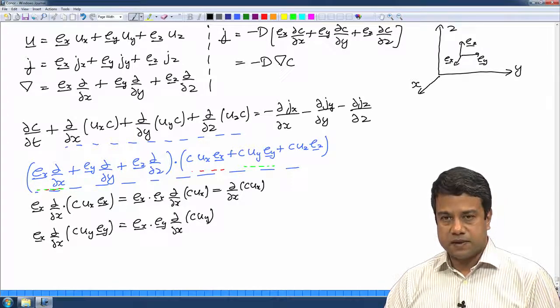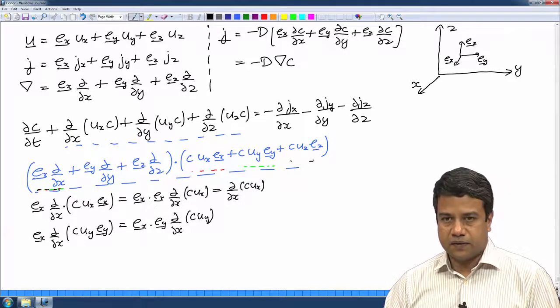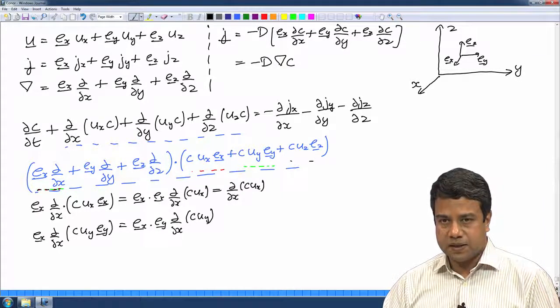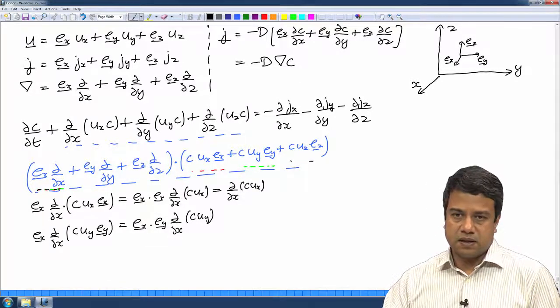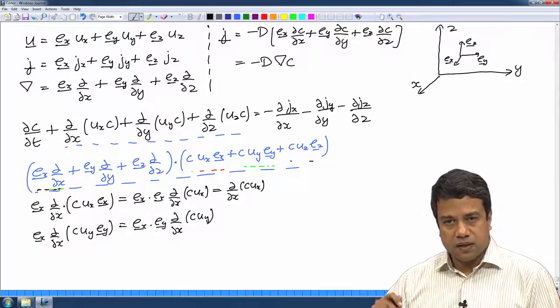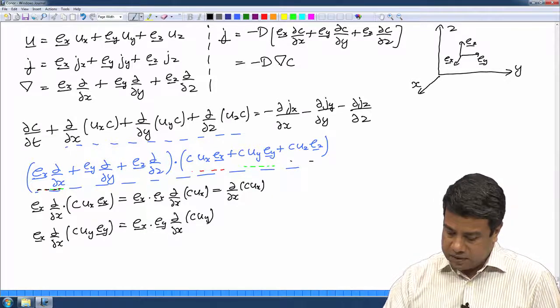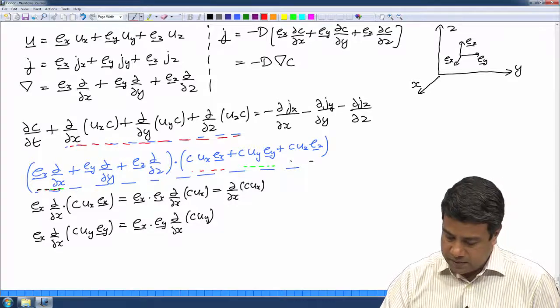So, this term becomes 0. Similarly, this first term acting on the third term here will also give you 0. So, only the components that are acting in the same direction, for example, the derivative with respect to x of ux times the concentration, the derivative with respect to y of uy times the concentration and so on, are the only terms that will remain. And therefore, this equation will reduce to this equation that I had here.